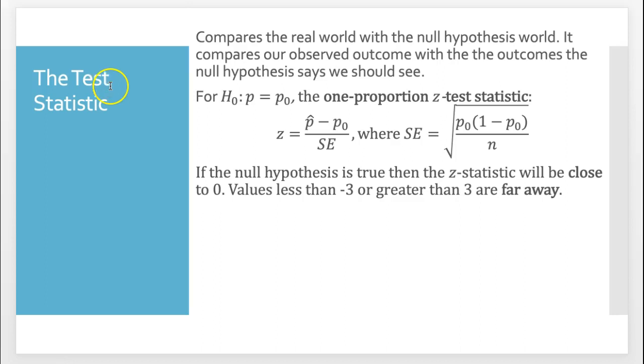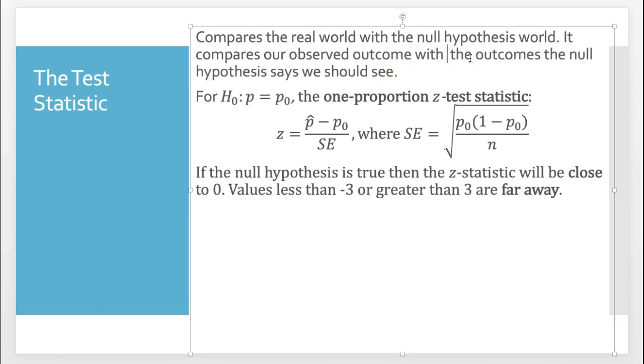So what we look at now is the test statistic. What this does is it compares the real world, which is our sample proportion, with the null hypothesis world, which is P naught, the proportion from the null hypothesis. It compares our observed outcome with the outcomes the null hypothesis says we should see.